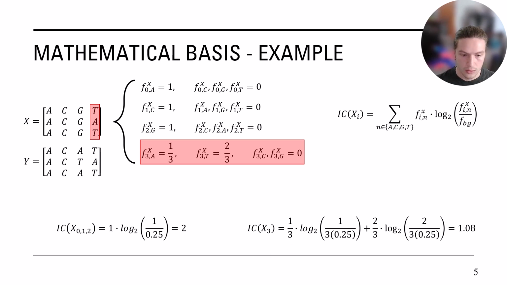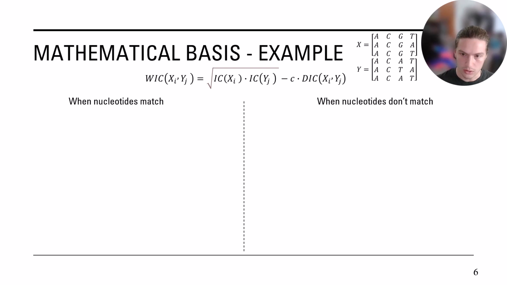So then moving on with this example, we'll continue using the same motifs that we were using in the last slide, but we're going to continue on and calculate the differential information content for X and Y, and then use that to calculate the weighted information content.